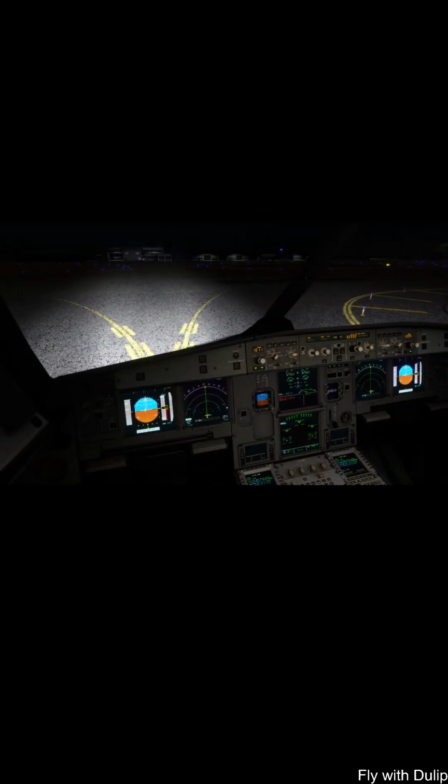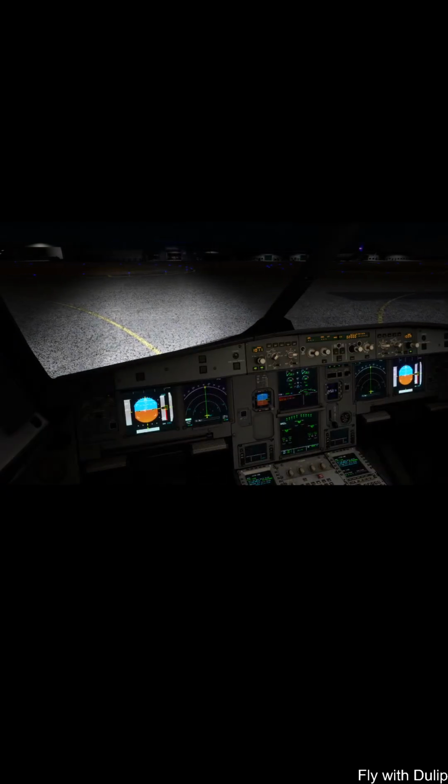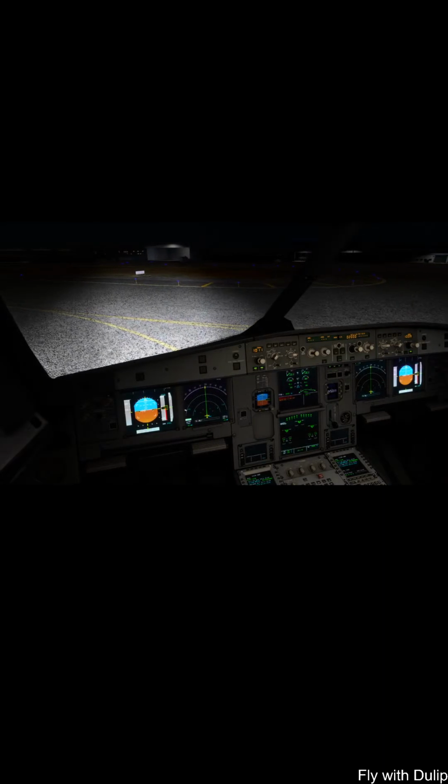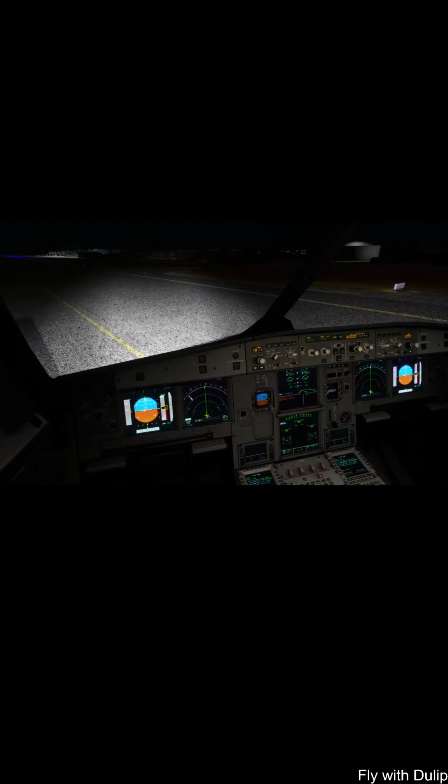SriLankan 103 it is confirmed. Stand 3 left via Bravo 6. Stand 3 left via Bravo 6 SriLankan 103. Stand 6 via stand 6 via Bravo left.